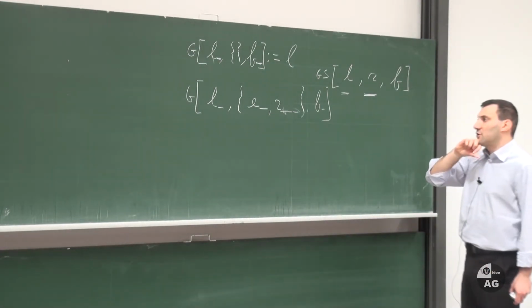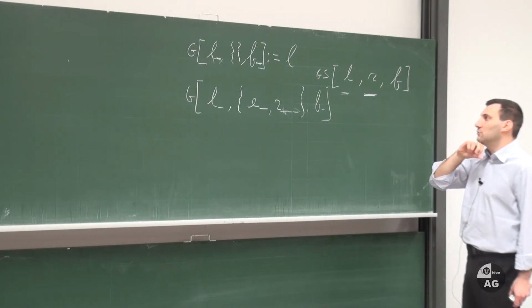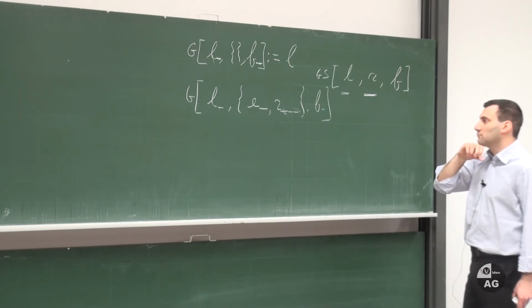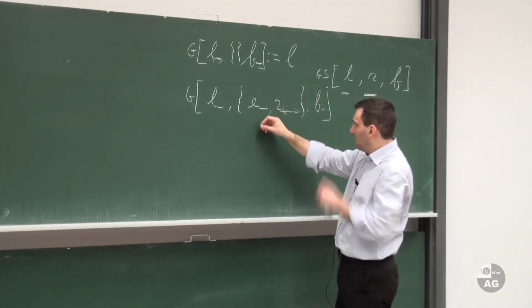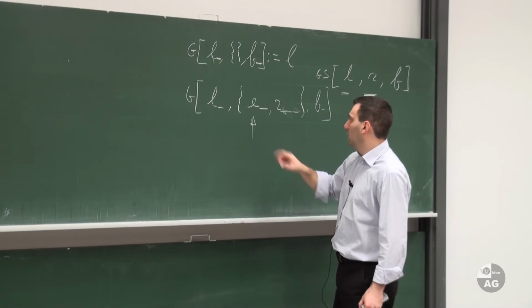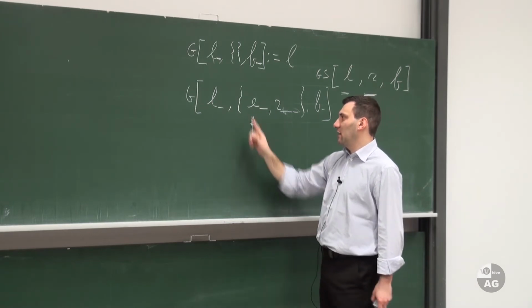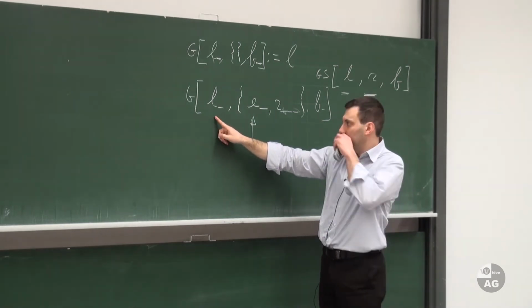At that point, what should I do? I need to take this element and orthogonalize it with respect to everything over here.